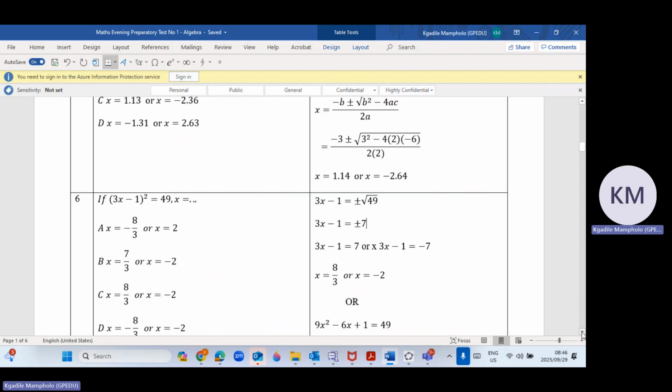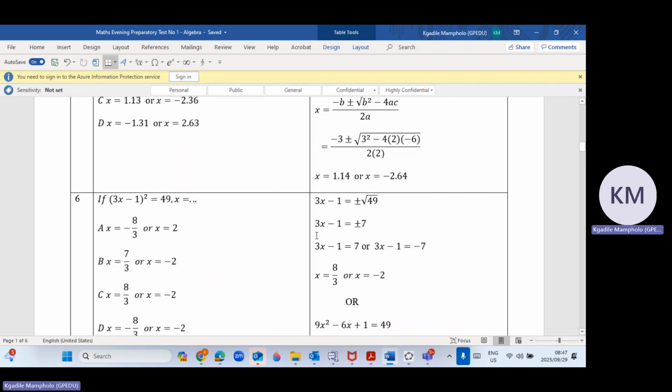But remember, if your exponent is an even number, you say plus or minus. So in this case, because it's a square, you say plus or minus the square root of 49. You have plus or minus 7. Then say 3x minus 1 equals 7, or 3x minus 1 equals negative 7.